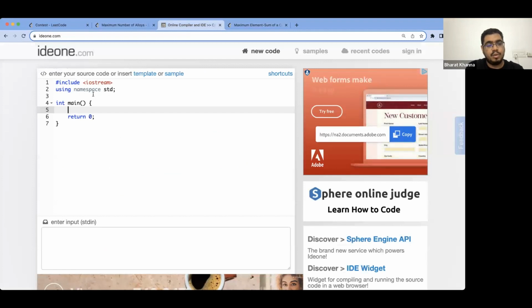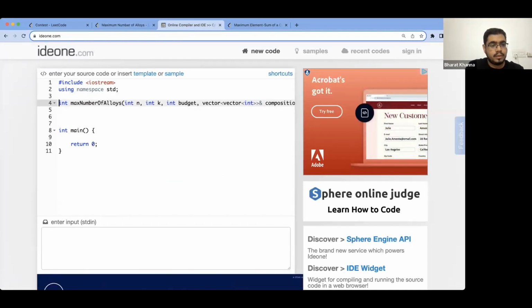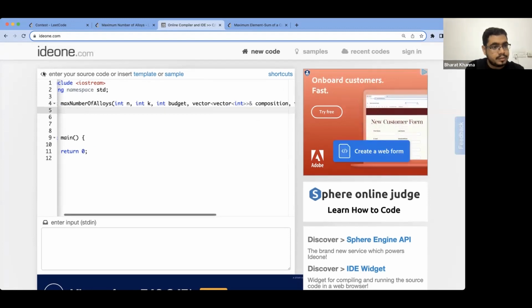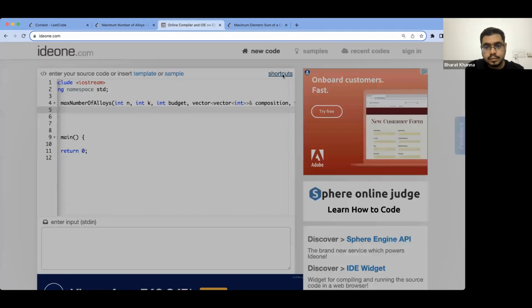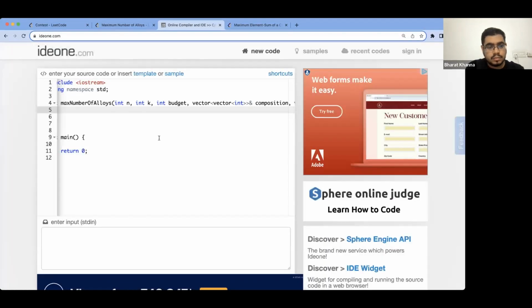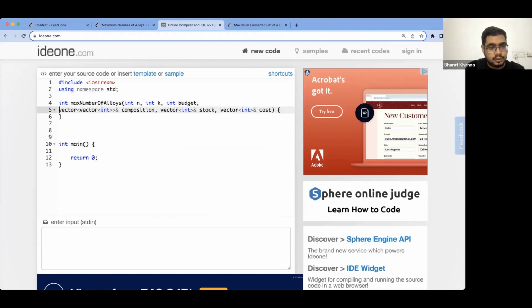Don't worry about the entire code that is written right now. So this is the function that we need to complete. I'll probably expand it. Okay. No worries. I'll make it like this.